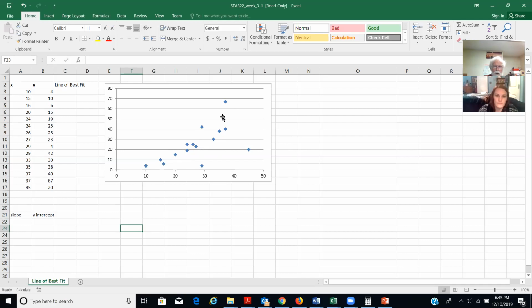But you can get data like this and plot it out. Pretty obvious that there is a general trend upward, even though we've got two values of Y at very different values of X, and two values of Y over here that are at not very different values of X. So it's not perfect.